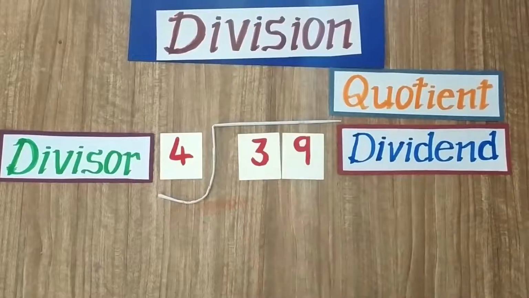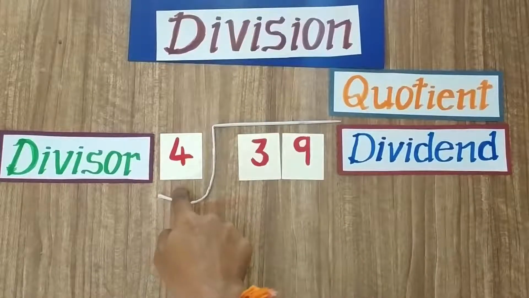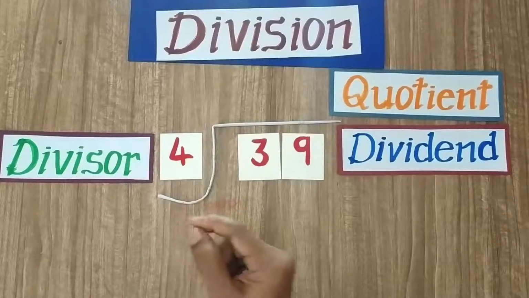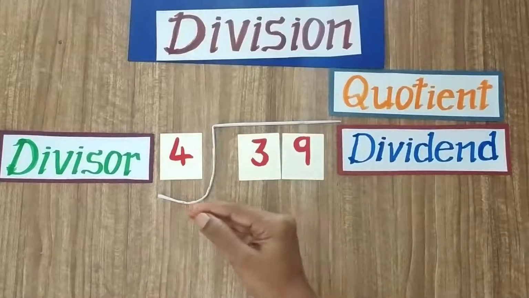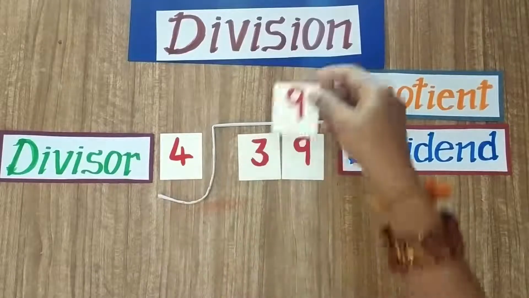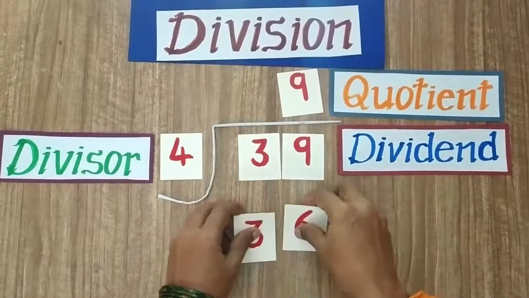Let us have a look at another problem. So here we have to divide 39 by 4. Okay, do we have 39 in the table of 4? No. So we take the nearby number, as we know already about such division. So 4 9s are 36.